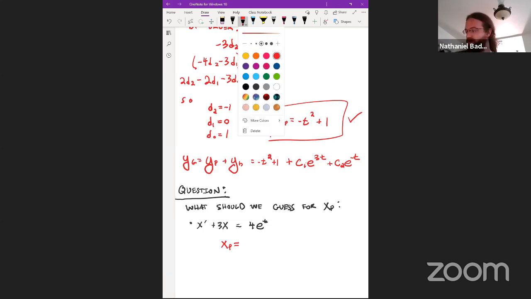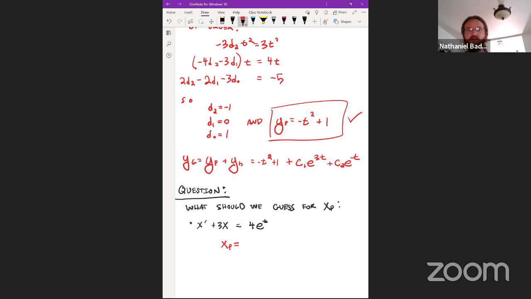Yeah, so in this case, this is our function f, and we want to guess f plus all of its derivatives.